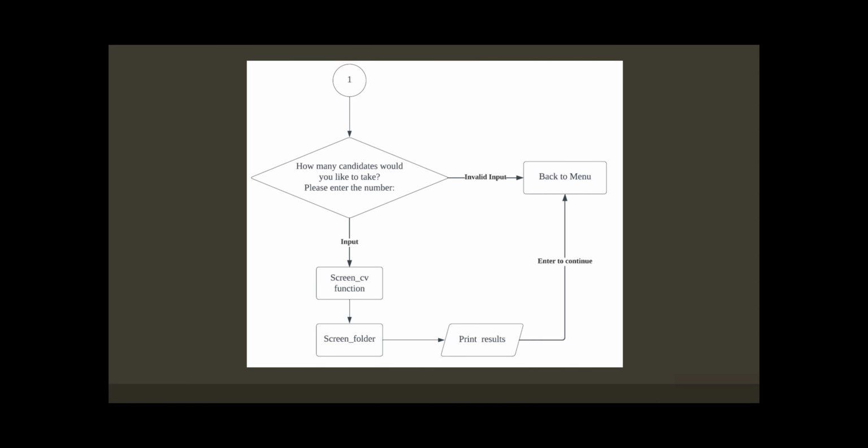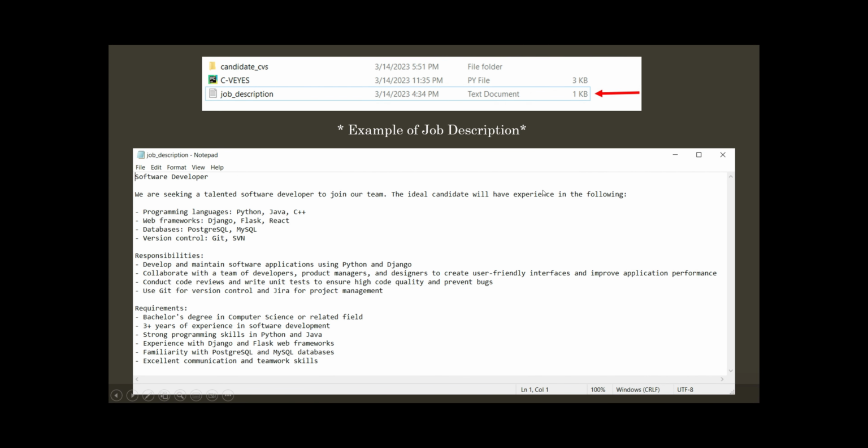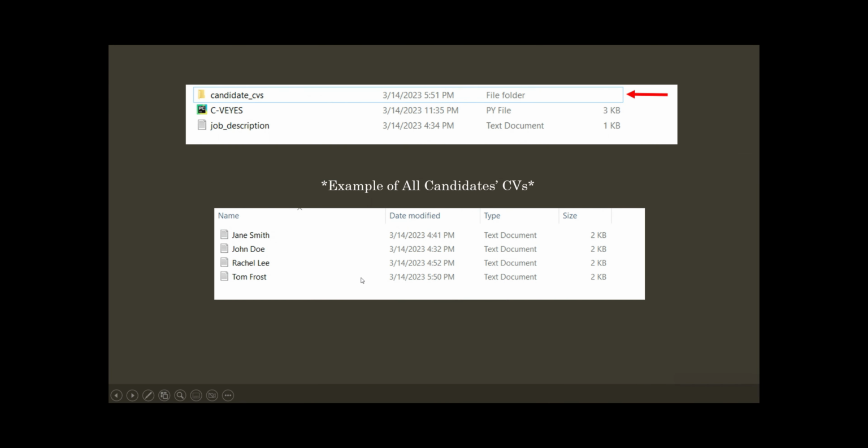If the input is an integer, meaning a number, we proceed to these two functions, screen CV and screen folder, and then we print the results. Before it goes back, it asks us to press continue, and then it goes back to the menu. If the input is invalid, it goes back directly to the menu. So this is how it looks, but we will show you with the application.